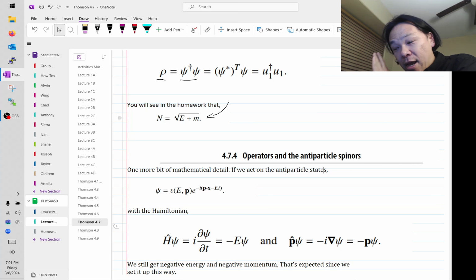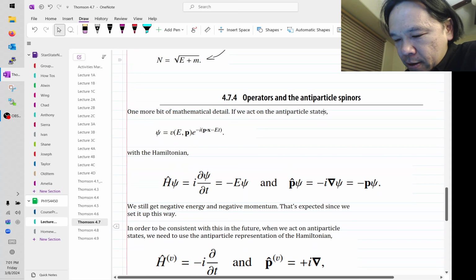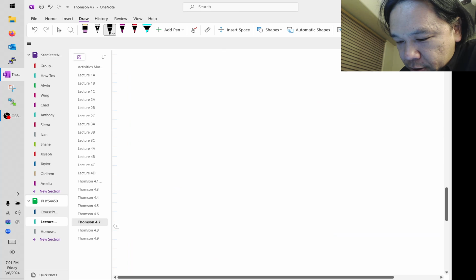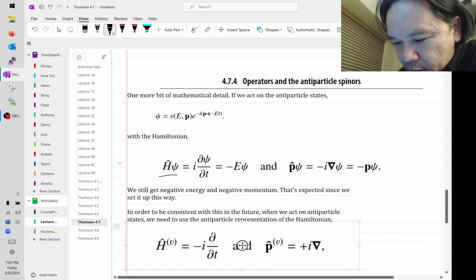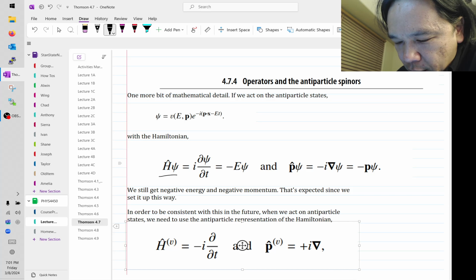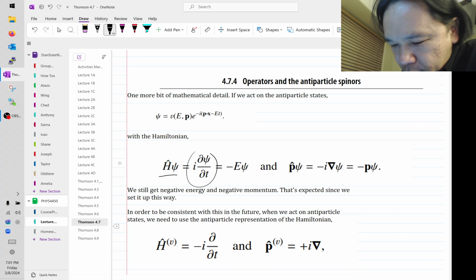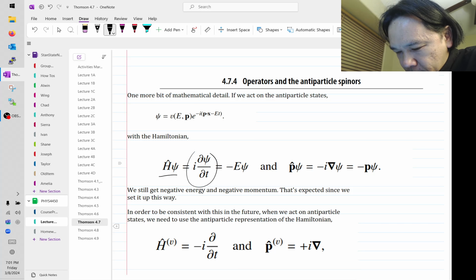All these antiparticle states have time going backwards, so we have to make sure to flip those properly also. The first thing to do is the Hamiltonian. Normally the Hamiltonian acting on some state gives you i partial by partial t of that state, which tells you how it moves around.